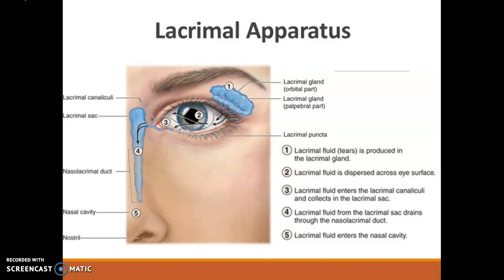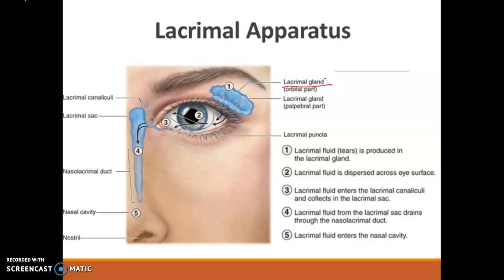Okay, so moving on to the lacrimal apparatus. The lacrimal apparatus is made up of the lacrimal gland and then the lacrimal sac. If you look at the picture on the top right hand side, you see a blue gland, and that is called the lacrimal gland.